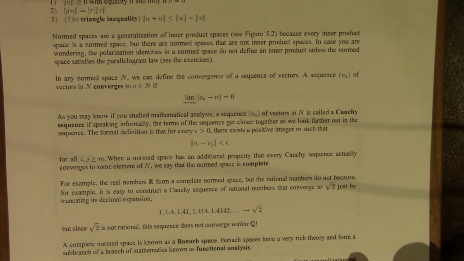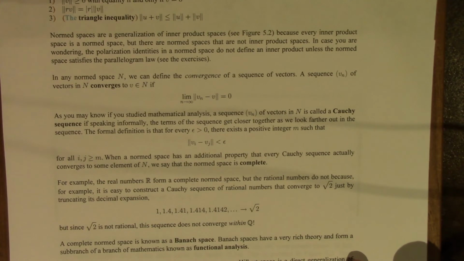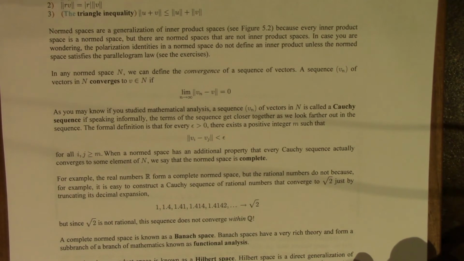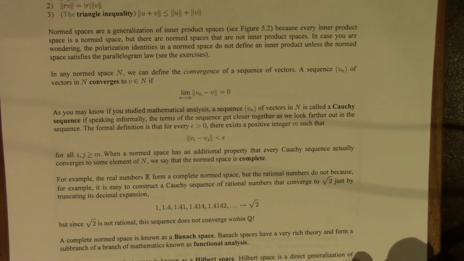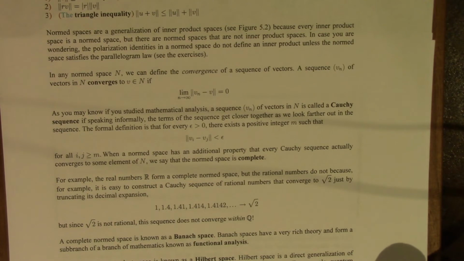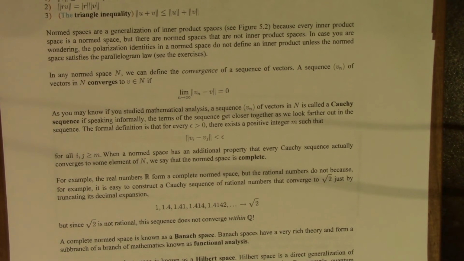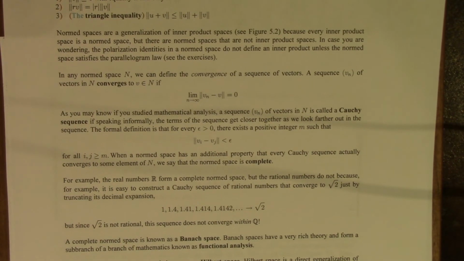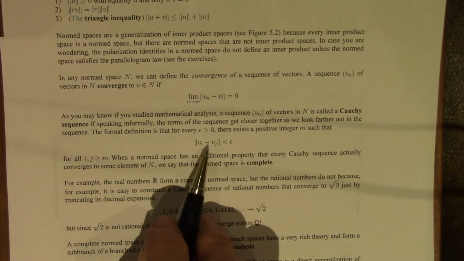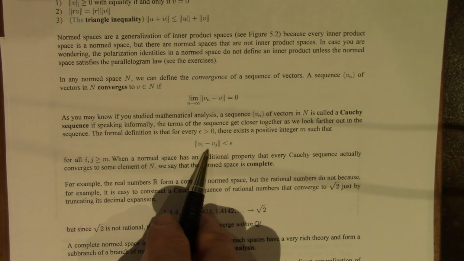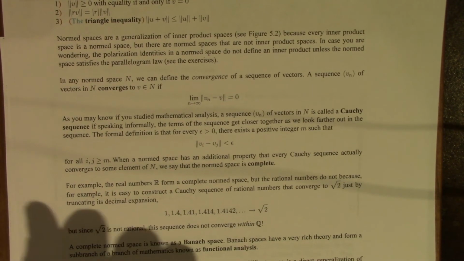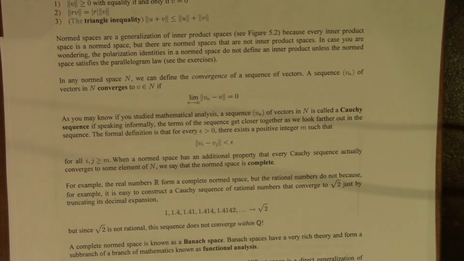When a normed space has the property that every Cauchy sequence actually converges to some element of the space, we say that the normed space is complete. Just because vectors get closer and closer as we move out in a sequence doesn't mean that those vectors approach a specific vector.